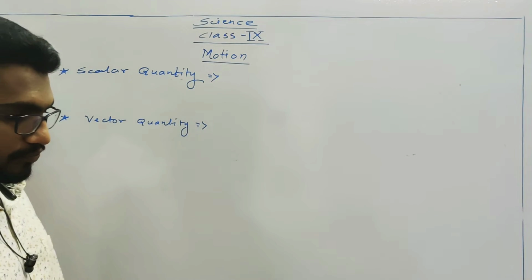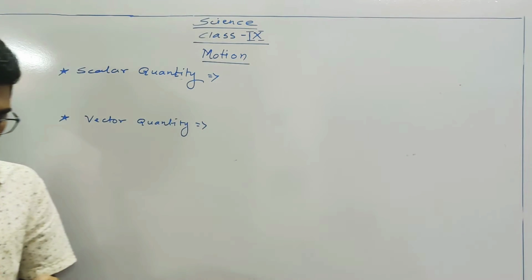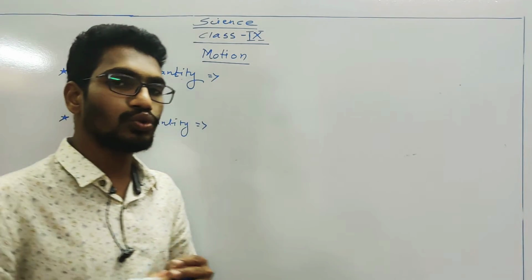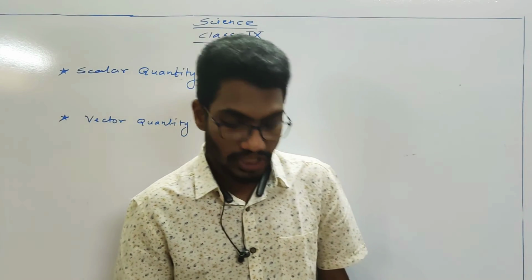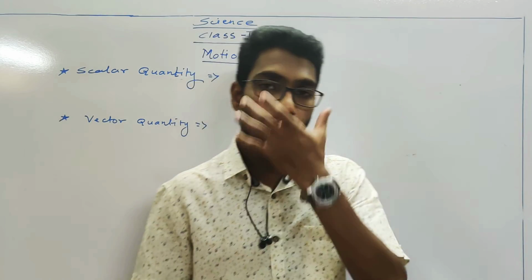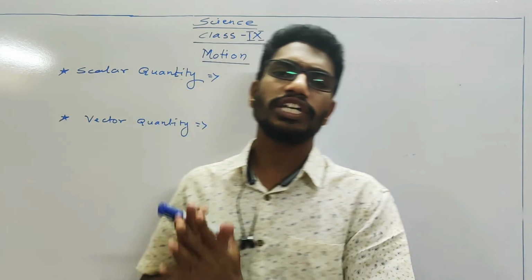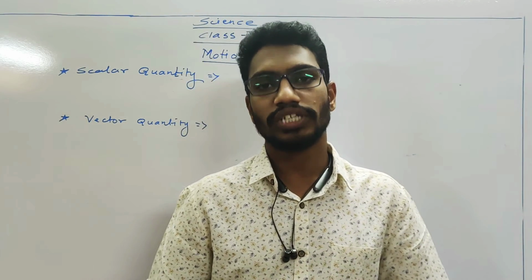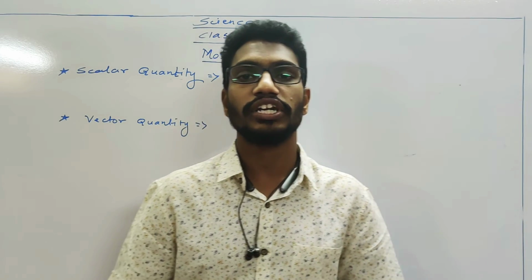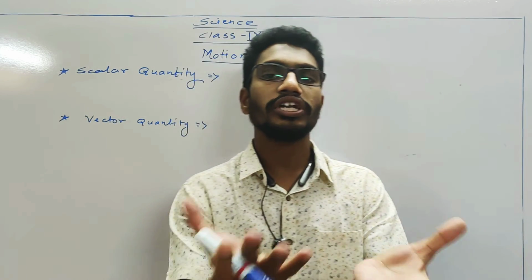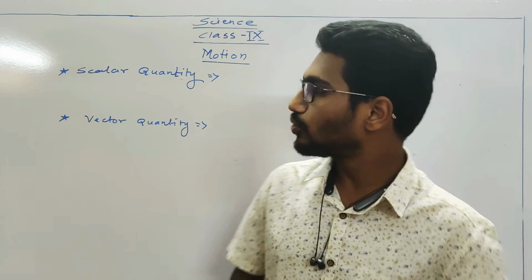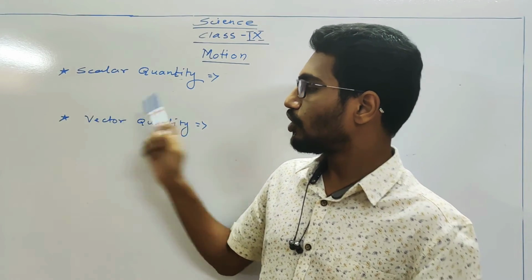Okay, for example, what is meant by scalar quantity and vector quantity? As we learned about the two quantities now, distance and displacement. Okay, so whatever quantities we are going to learn in this particular chapter, starting from distance and displacement, all these quantities are going to be divided into these two types, scalar quantity and vector quantity.